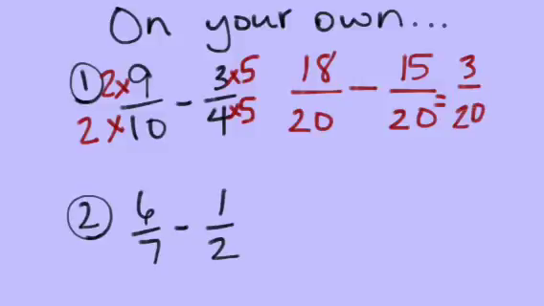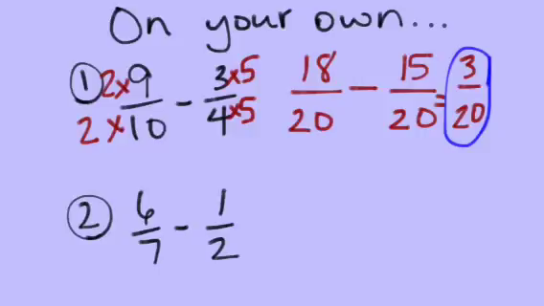Now I got 3/20. My last step would be to check a factor chart, list out the factors of 3 and 20, and I find that that is as low as I can go. If you did 40ths, chances are you had to simplify here. Because I chose a lower common multiple, I didn't have to do as much work. Either way, as long as we got 3/20, we're in good shape.